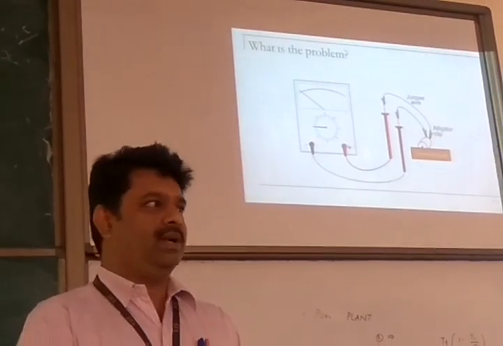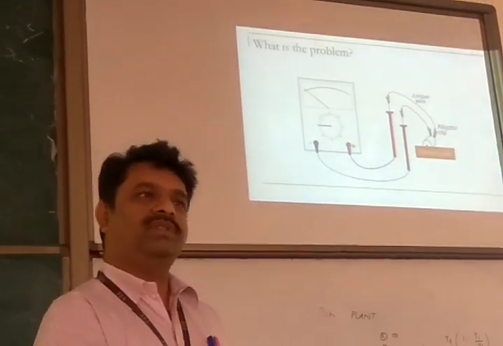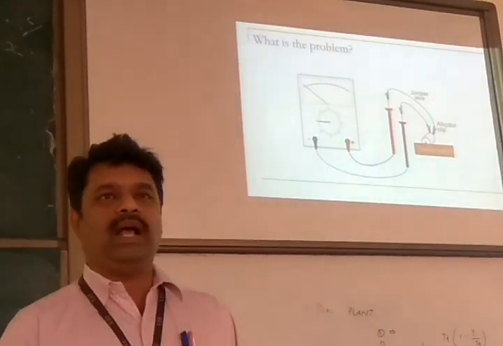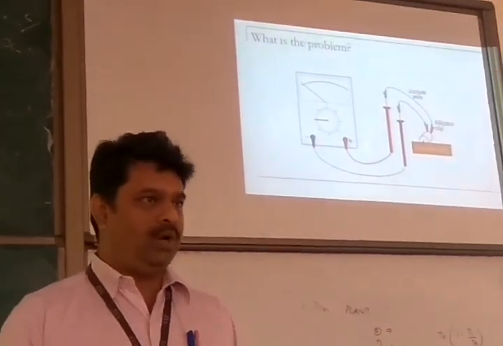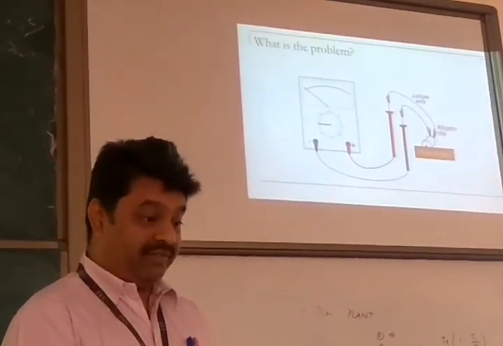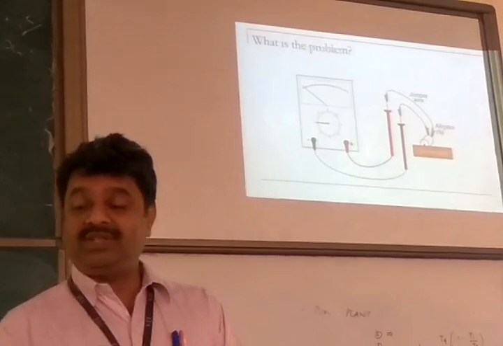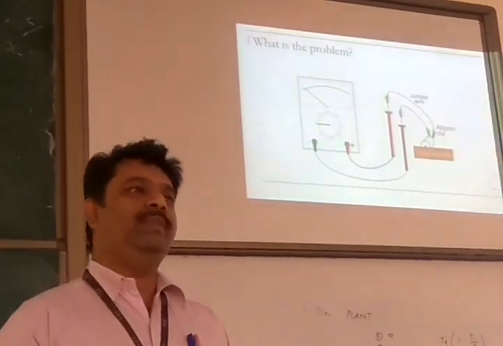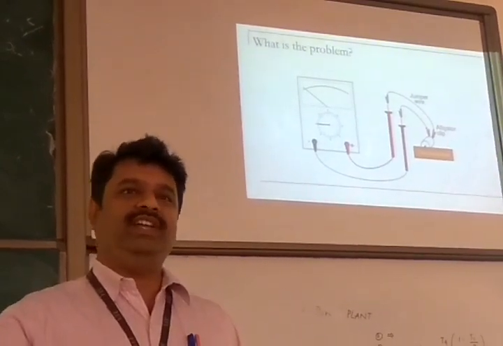That's a serious problem. I cannot do anything with that. If some number, 1 volt, 1 amp, 0.1 amps, something is coming, which I can measure using a galvanometer, ammeter, voltmeter, or multimeter, then I can calibrate it. 0.1 amps corresponds to 5 degrees Celsius, and every 0.1 increment is 5 degrees Celsius.